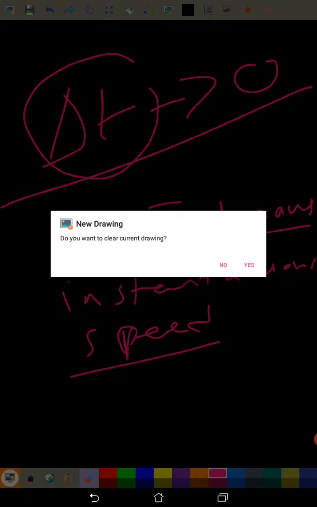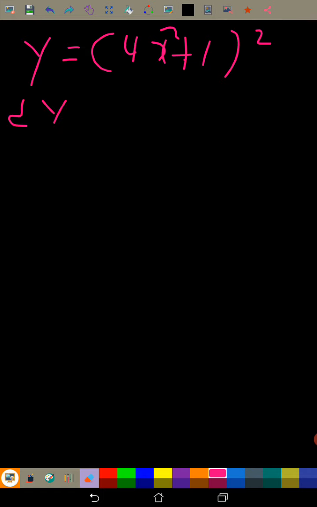Alright, so let's do some examples. We have y equal to (4x squared plus 1) to the power of 2, and we need to find dy by dx.